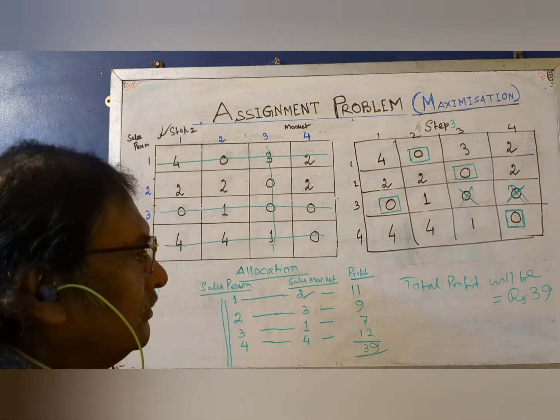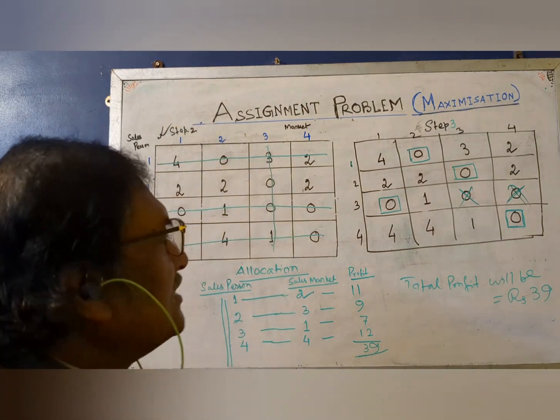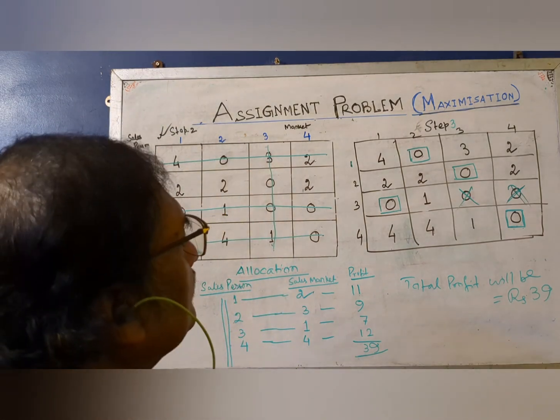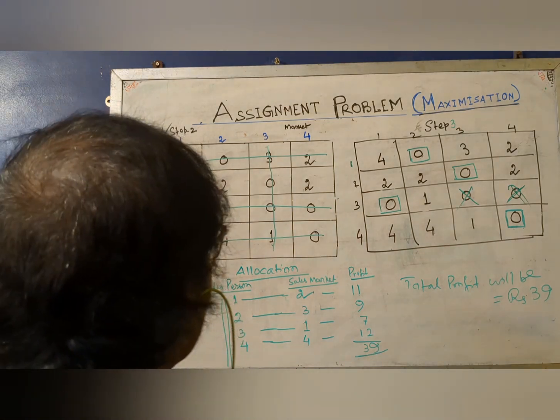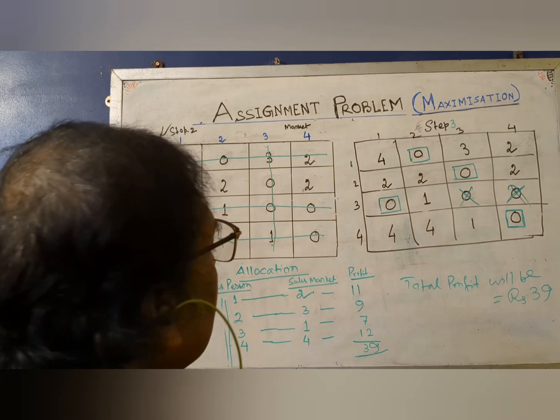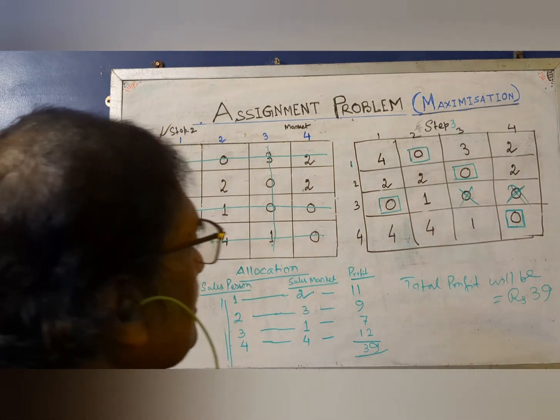And then you will apply the Hungarian method for minimization of the assignment problem. That means loss matrix, and that I have already discussed. And finally, this will be the allocation, and that is the result by which the profit will be maximum.